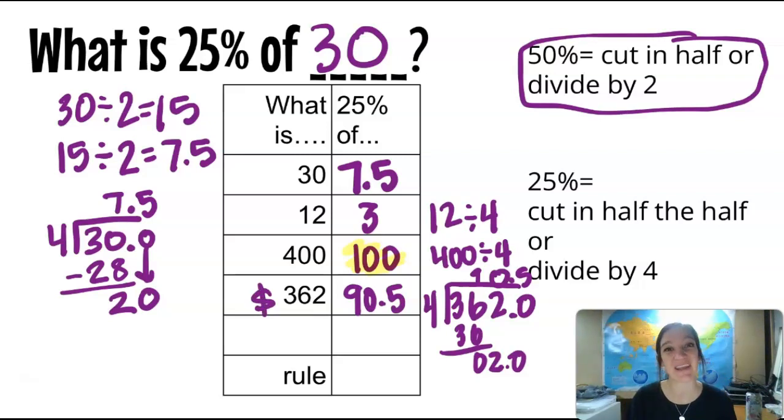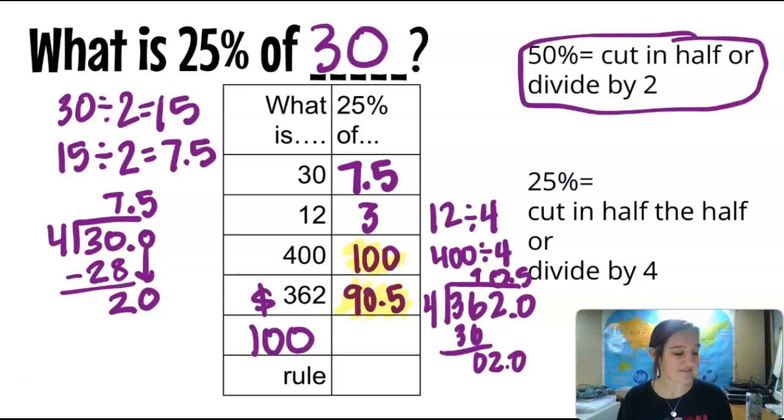I don't have that much money, but I have a coupon for 25% off. How much do I get to take off? That means I get to take off $90.50 off of the original price. Seems like a pretty good deal. So there's another example of why you need to find percents of a number.